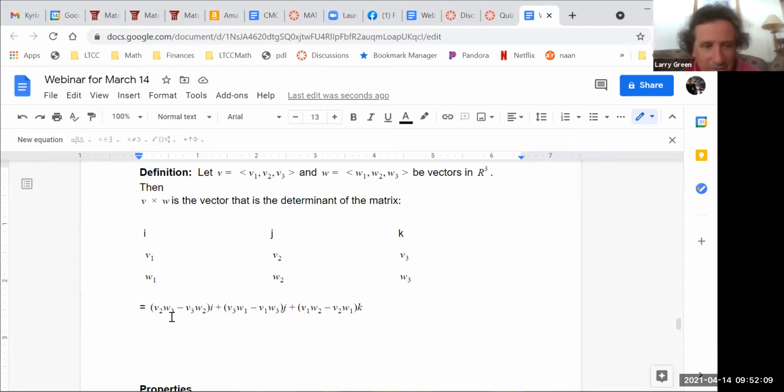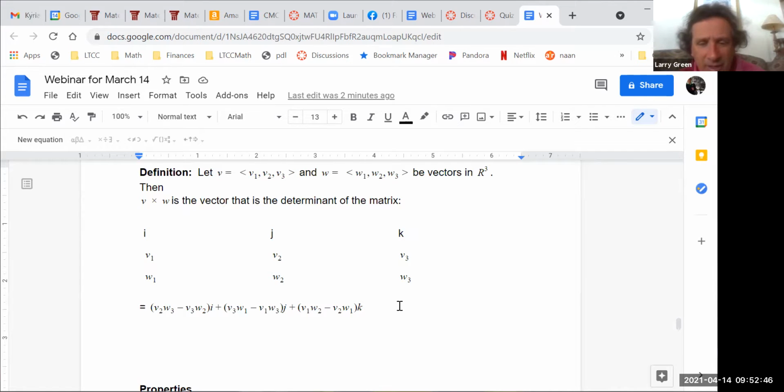So it's V2, W3 minus V3, W2 times I. For the J component, it's negative because you alternate, and it's V1, W3 minus V3, W1, and multiply by -1, and you get V3, W1 minus V1, W3 times J. For the K component, you take V1, W2 minus V2, W1. So it's the diagonals. That's how determinants work, and that's times K.